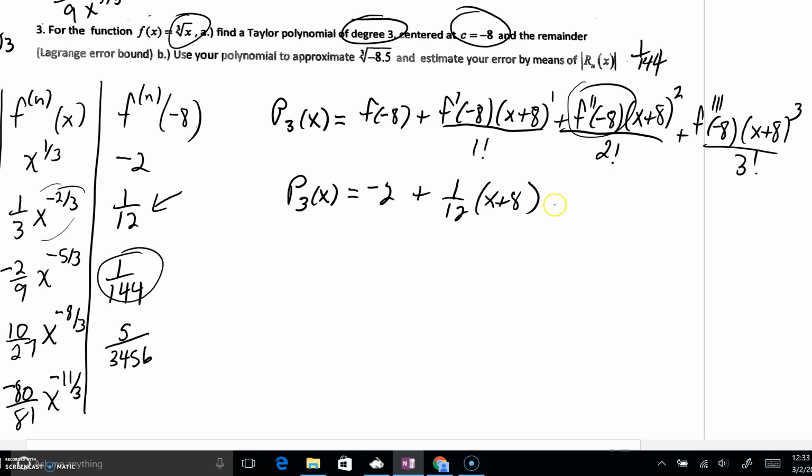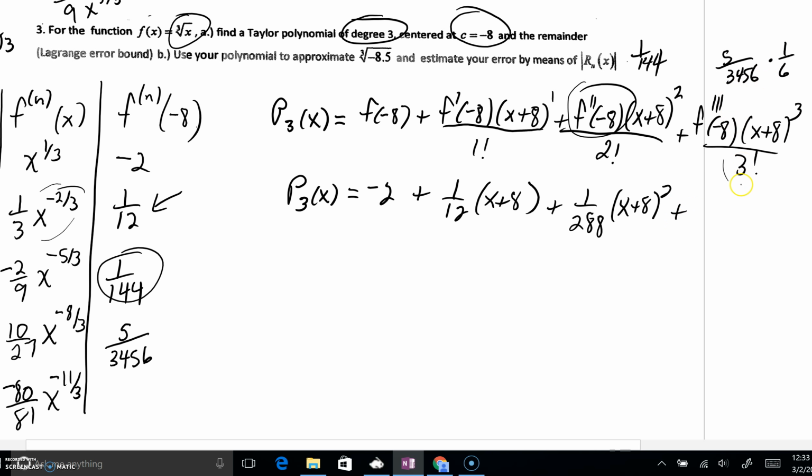But then you're going to divide by 2, so that's multiplying by half. That's 1 over 288, x plus 8 to the second. Here we've got this 5 over 3,456, but we're dividing by 3 factorial. That's like multiplying by 1 over 6.